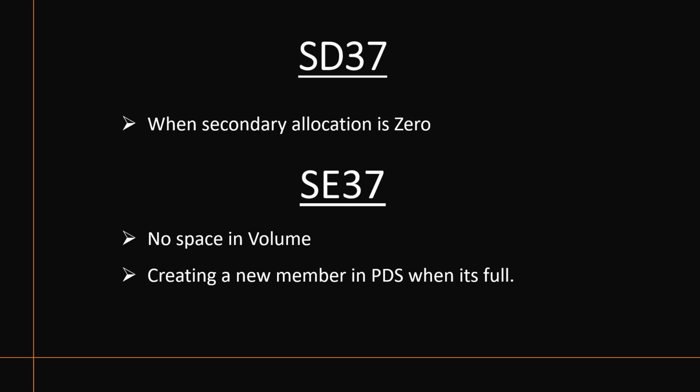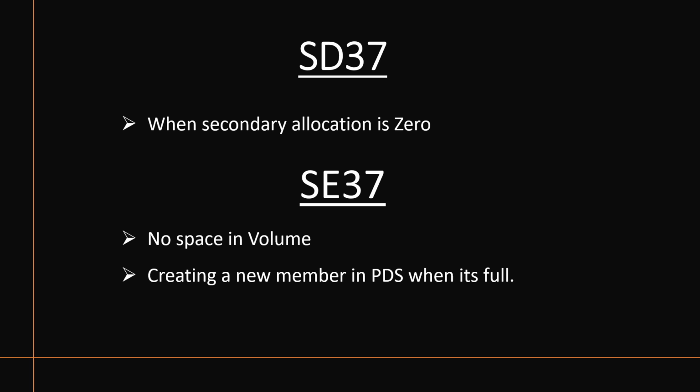SE37 mostly occurs when there is no space in that particular volume. SB37 and SE37, B for book and E for eagle, mostly occur on the same basis. If the data set is a single volume data set and there isn't any space in that volume, then you get SE37.